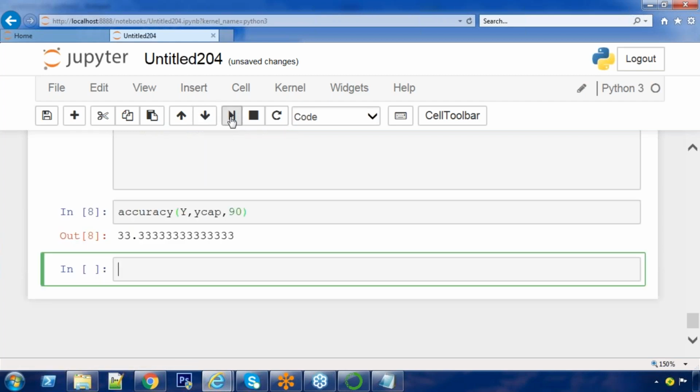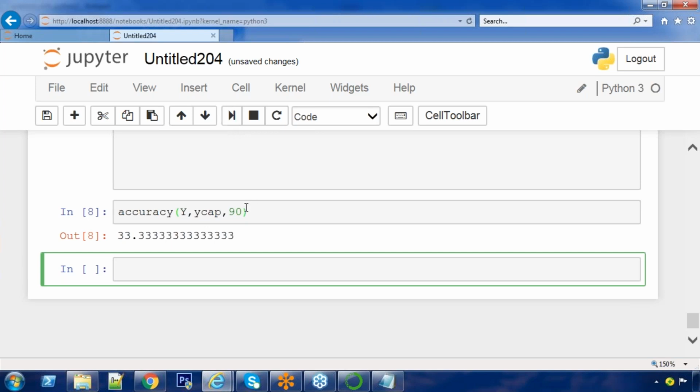Test it. 33% accuracy. Why did we get very low accuracy? Because we have only 6 rows, and within 6 rows there are very few patterns. For a general model, in order to provide more patterns, more data should be there.